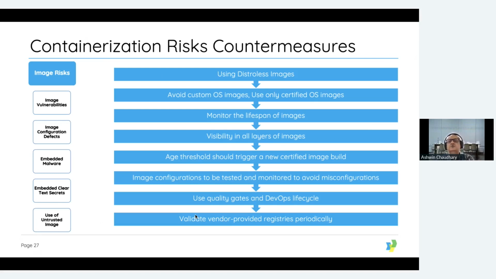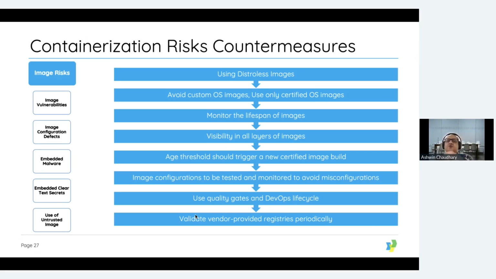And how do you mitigate them? Using distroless images. Distroless images means it is some kind of hardening. You only use those configurations which are the bare minimum required. You do not have all the libraries or the entire connectivity or library builds. Only those which are specifically required to run that image are taken as part of the images for the services.